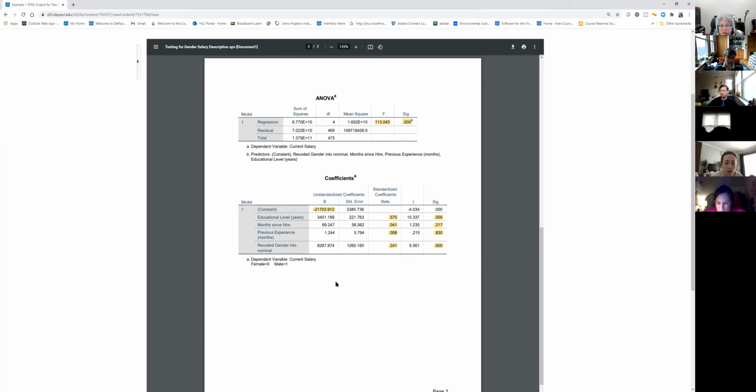We have to go down and look at the standardized beta coefficient. Is it negative or positive? Positive. It's positive, right? So for the truffle, as I always say, who gets paid more in our data set? Men. Okay, Denise, how did you determine that? Because it's 0.241, and that's positive, and their number was 1.